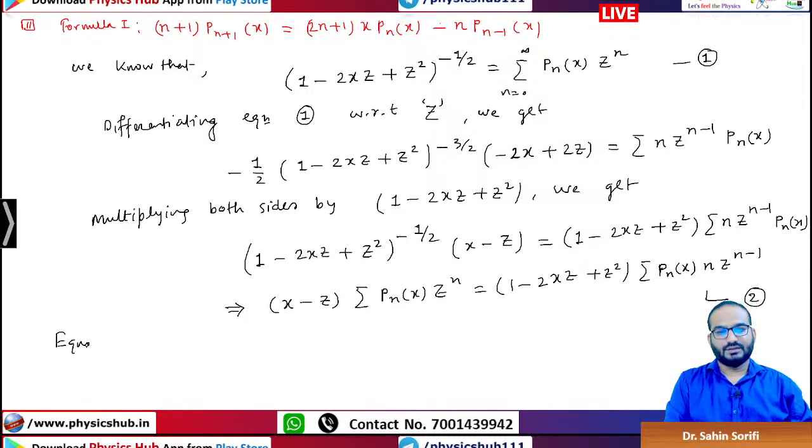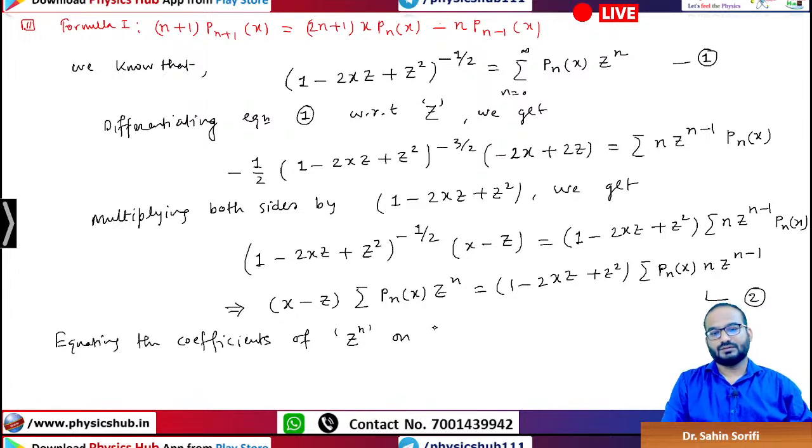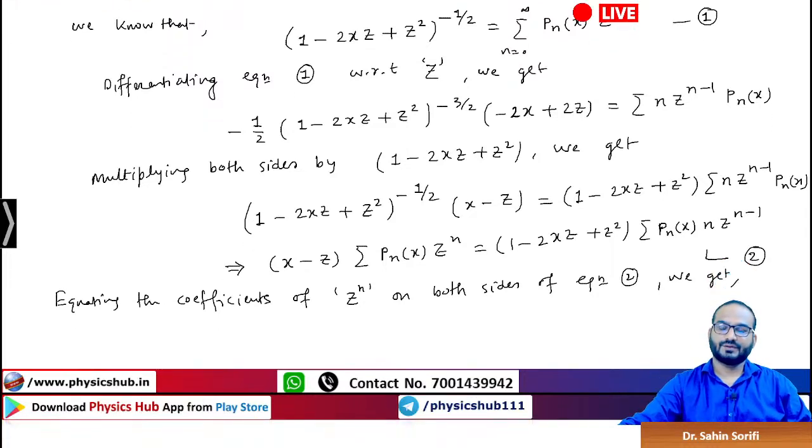So now what you are going to do is equate the coefficients of z to the power n on both sides of equation 2. What do you get if you take the coefficient of z^n on both sides?